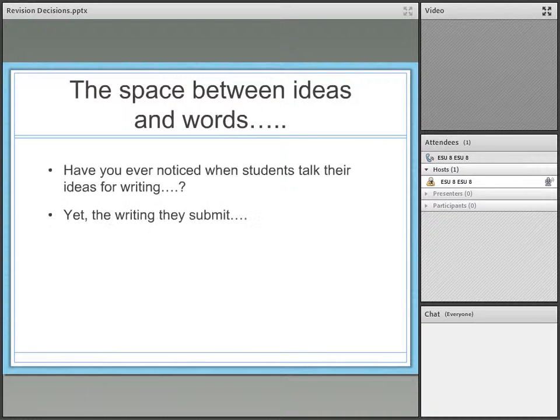Yet when the writing they submit turns up on your desk or on your computer desktop, oh gosh, it just lacks the luster and the enthusiasm and the originality that they started out with as they were beginning to write their topic.